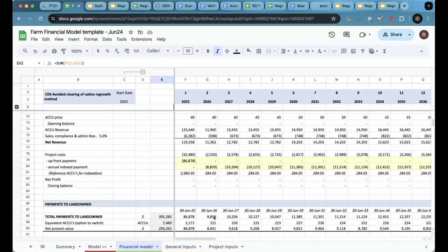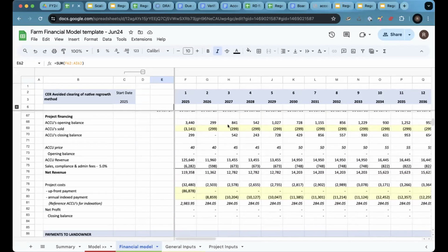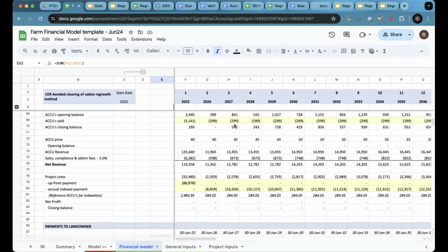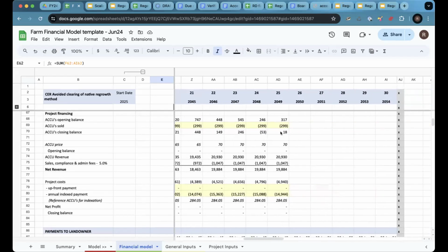But then we're looking to smooth the cash flows over time by effectively smoothing the ACCUs coming in and selling them on a progressive basis over time. And so that enables us, by the end of the project, to end up with a small positive balance, which pays for this.